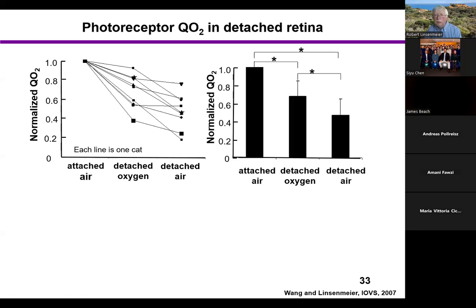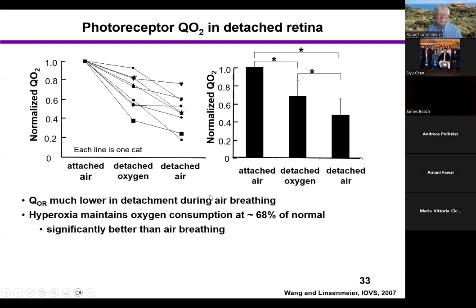If you allow the animal to breathe oxygen, the consumption goes up. So the outer retinal oxygen consumption is much lower during detachment during air breathing, but hyperoxia maintains it at something like 68% of normal, which is significantly better than air breathing.